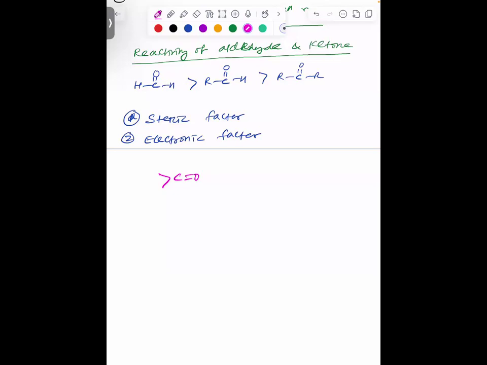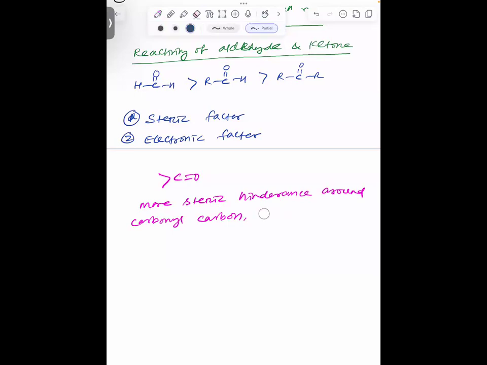So this depends on bulkiness and steric factor. Note down: more steric hindrance around carbonyl carbon, lesser is the reactivity.